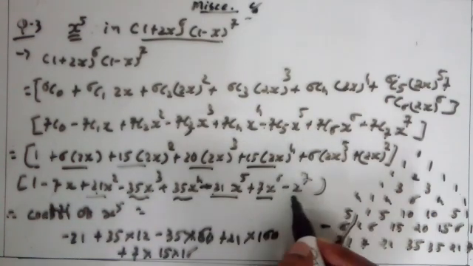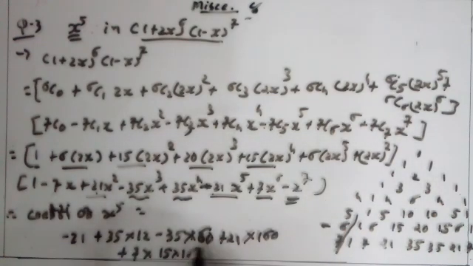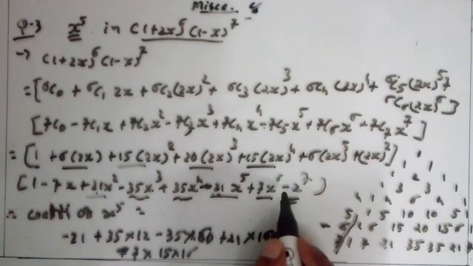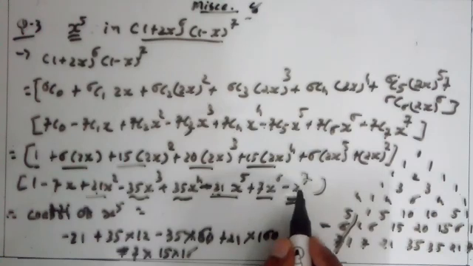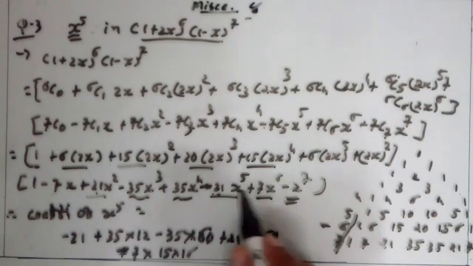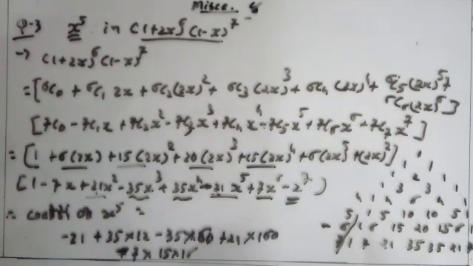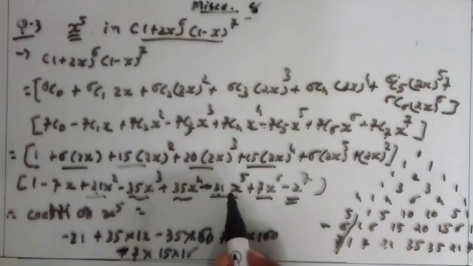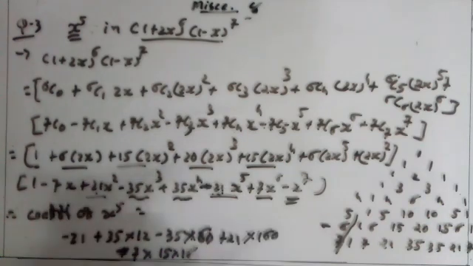And last is x raised to 7, minus 1. Here the signs alternate, minus plus, and this becomes minus. 7 into this minus, here 7 into x raised to 5, only x raised to 5, not the last term.